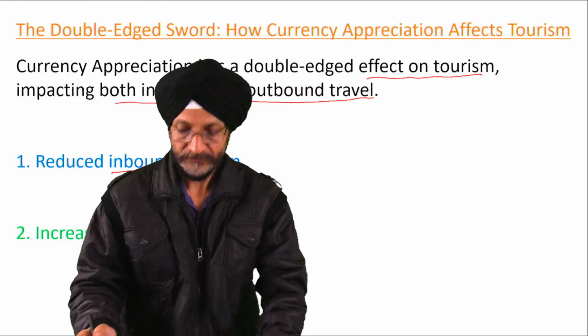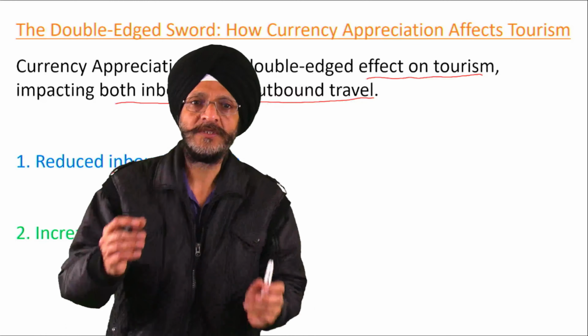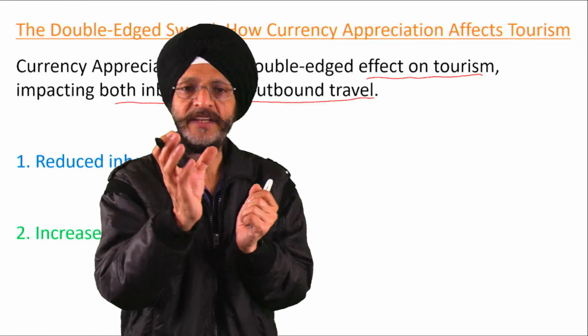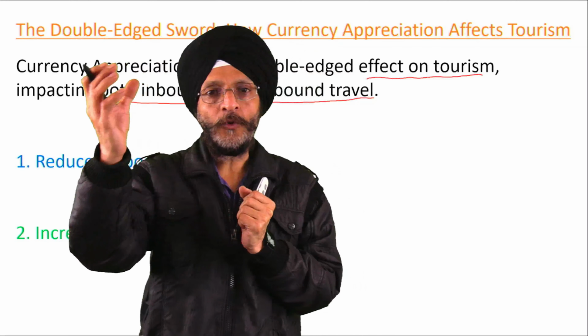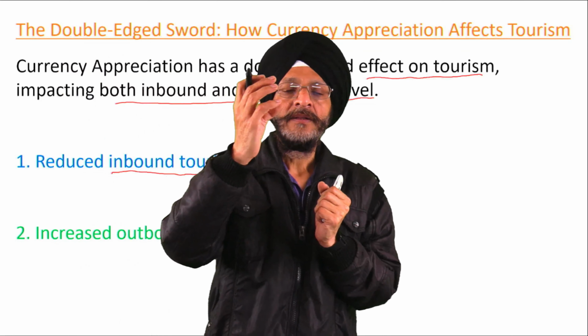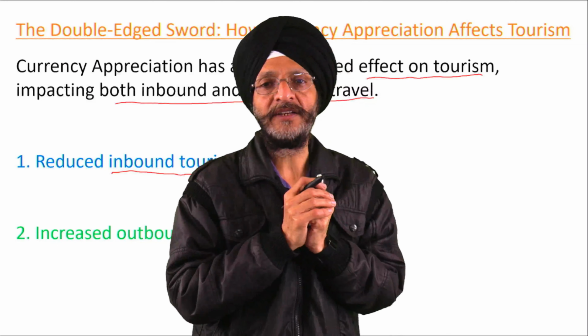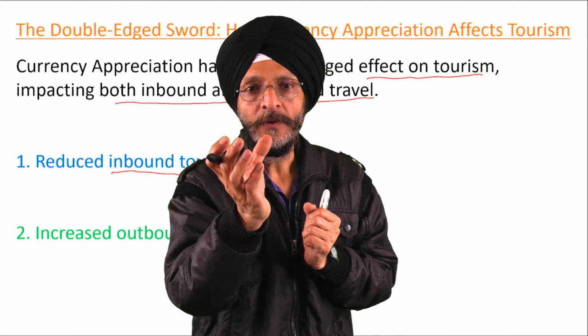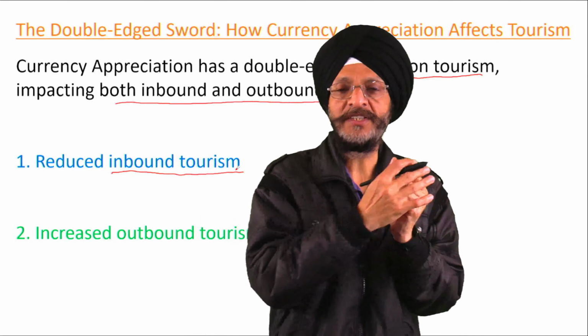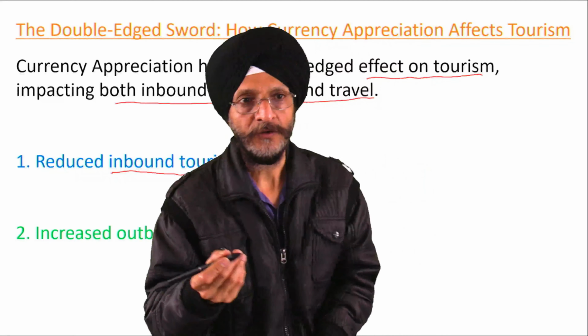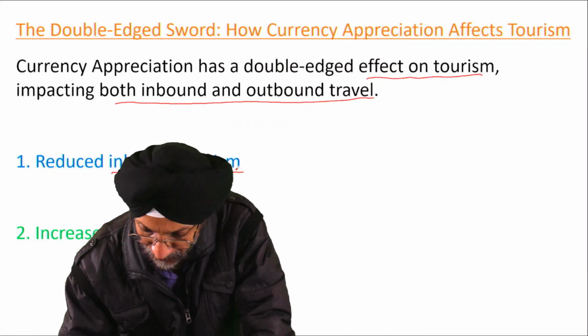Why? Because when the currency of a country appreciates, the foreign people who are visiting that country will have to pay out more in respect of their accommodation, food, etc. We will understand the same with the help of an example.